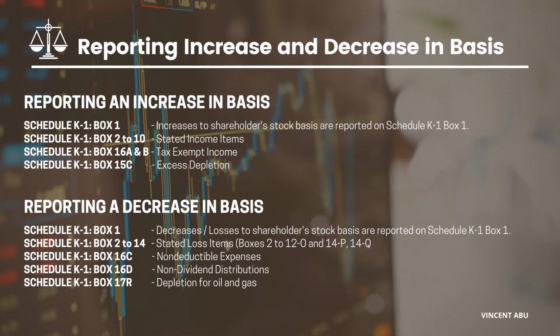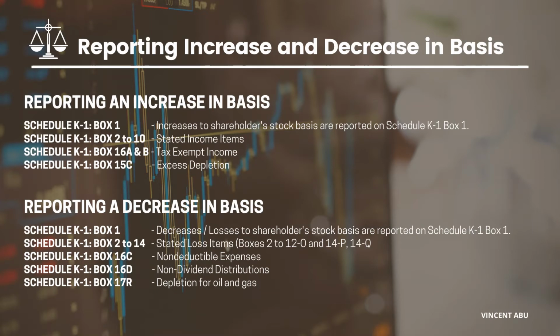So how are increases and decreases in basis reported? You're basically reporting everything on a Schedule K-1. Let's break it down into two parts. Let's talk about the increases first.